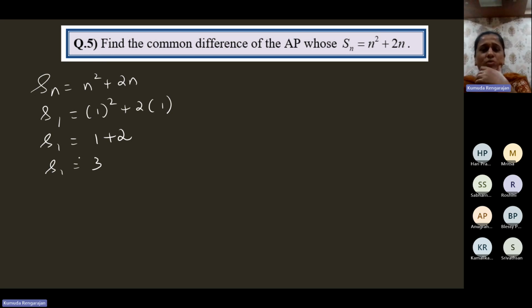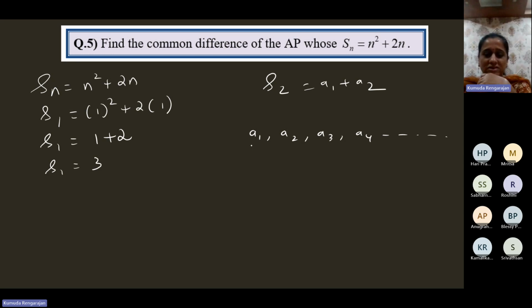What do we mean by S1? S1 is the sum of the first term of the AP, which actually means the first term itself. See, S2 means A1 plus A2. These are the terms A1, A2, A3, A4, and so on, the terms of the AP.